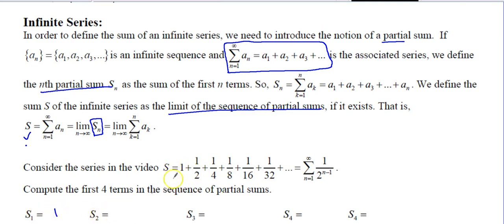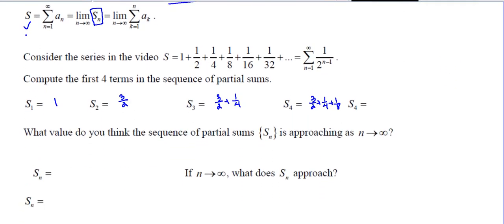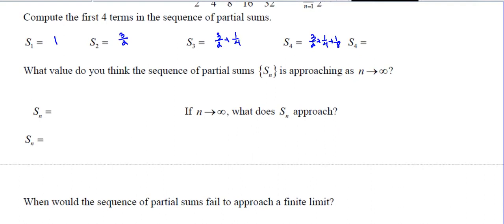S sub 2 is 1 and 1 half, which is 3 half. S sub 3 is 3 half plus 1 fourth. S sub 4 means 3 half plus 1 fourth plus 1 eighth. And onwards.